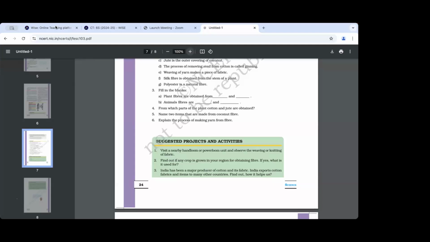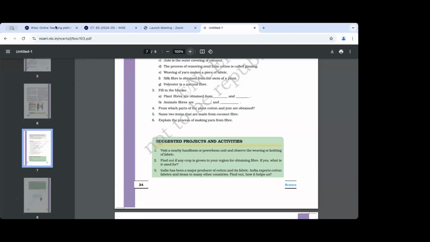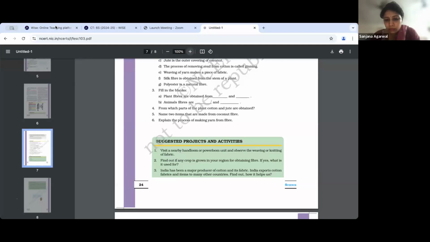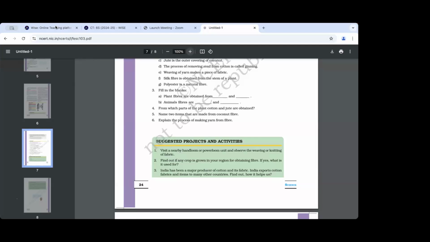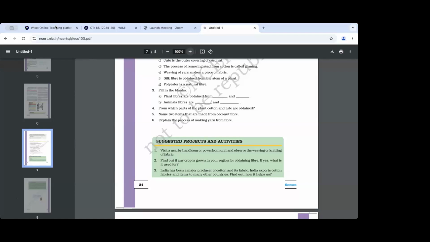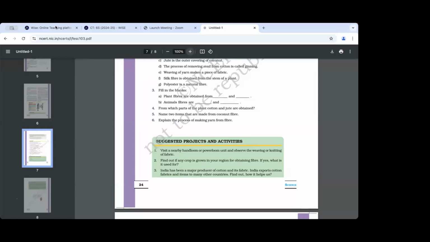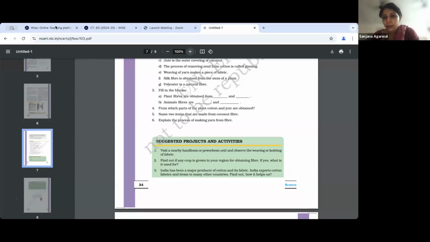The fiber which come from chemicals. Okay. For example, natural ones, wool, silk, and jute. For synthetic, nylon, polyester. That's it, ma'am. Okay, great.